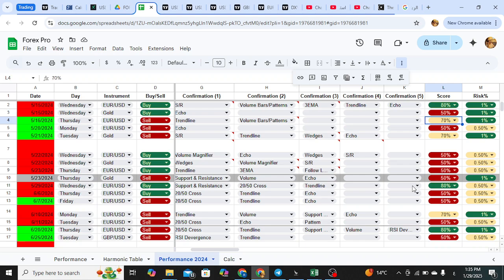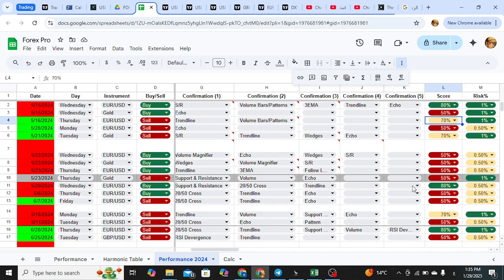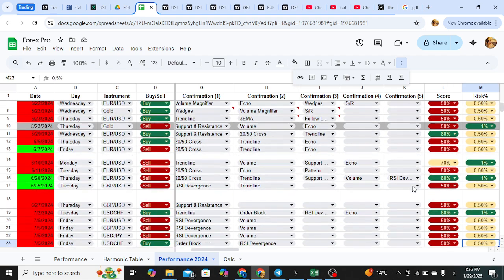And if it has exactly 3 confirmations on the trade, then I give it a 70% score. In the past, yes, I did make some exceptions, but the general rule is that if the trade is 80%, then I would risk 2%.